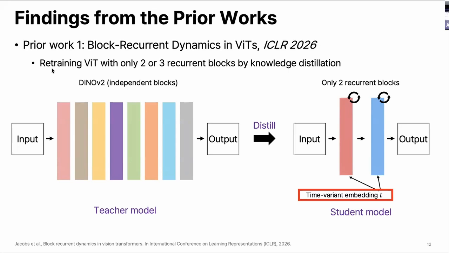They also add time variant information, so the same block can behave differently depending on the iteration times. This implies that iteration does not mean doing exactly the same thing every time. It means the model uses the same parameters, but performs step-dependent operation.